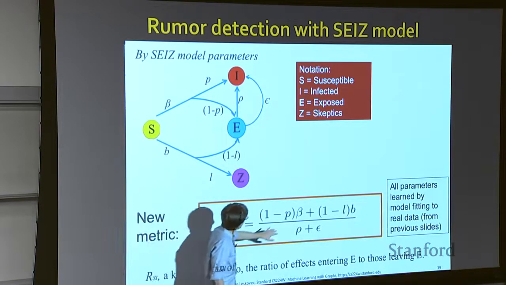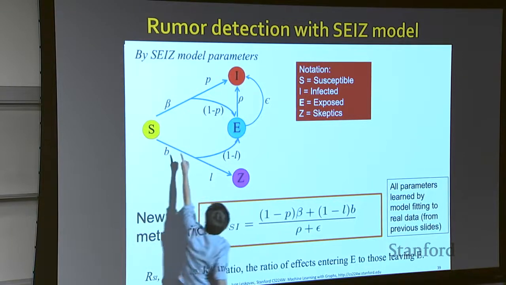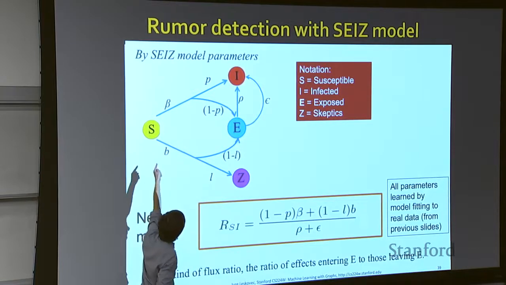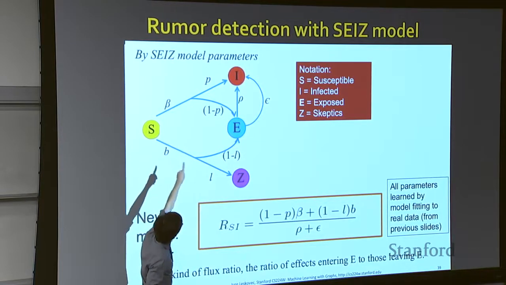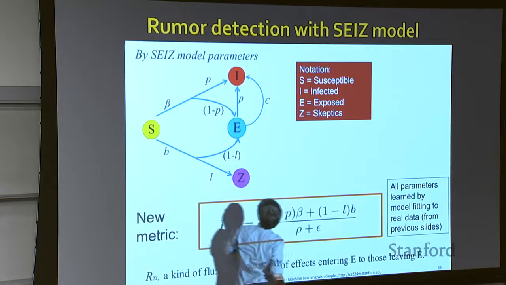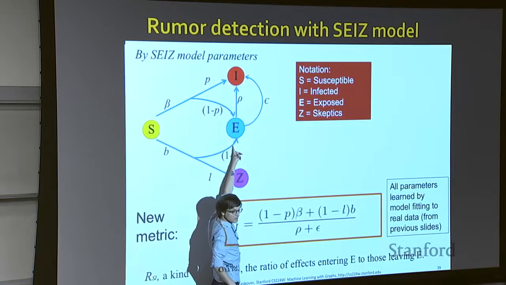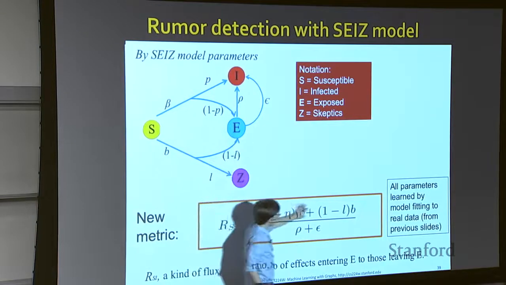So what is this saying? This is beta times 1 minus p, the number of people who are moving from S over the top arc into E. This other term is the people who go from S over b and 1 minus l into E. So it's kind of the influx of people into E.